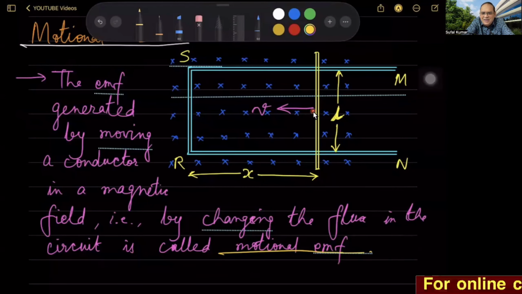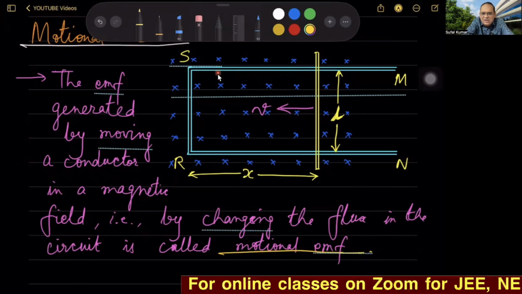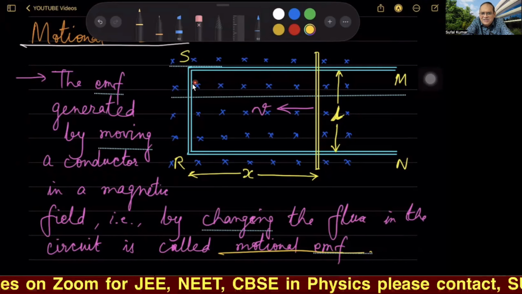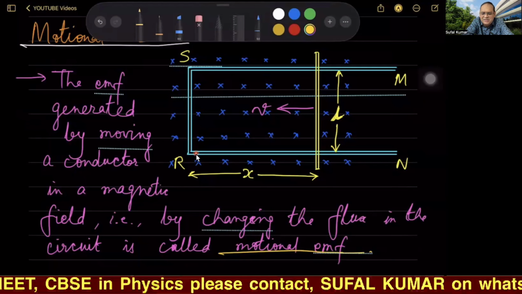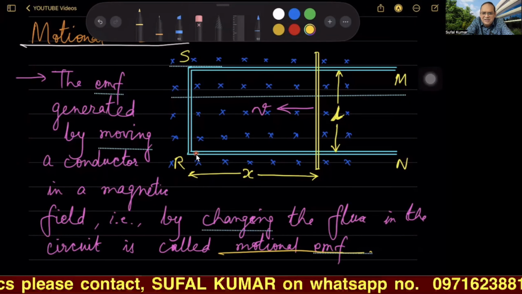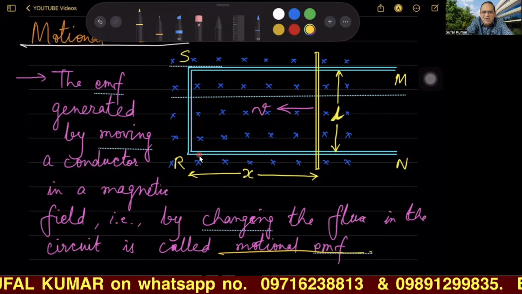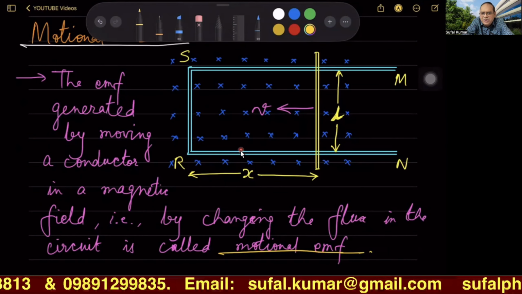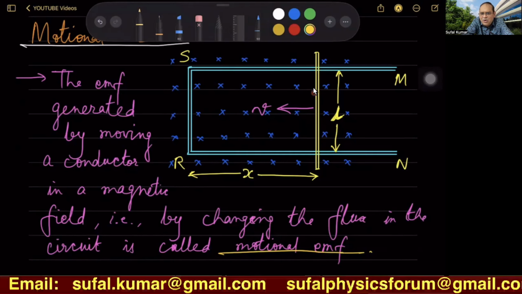Why? Because in the process of movement of the rod, this whole area is decreasing, and hence flux is decreasing. And if flux decreases, that means EMF will be induced across the ends of the rod.